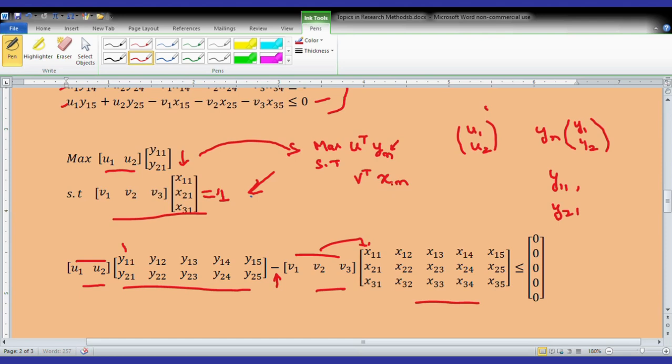So xn actually is x11, x21, x31 for firm 1, x12, x22, x32 for firm 2, and so on. And then if you look into this system, this is again the transpose of vector u, and this is what we get, and this is representing yn.